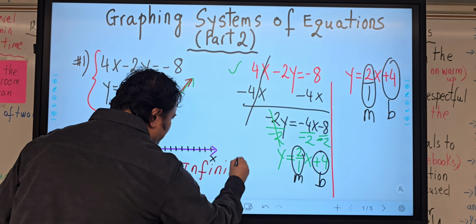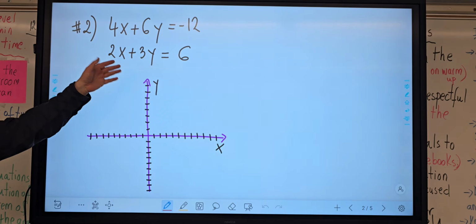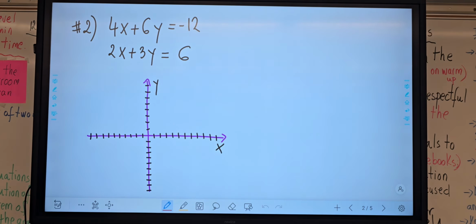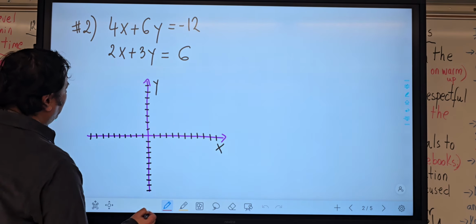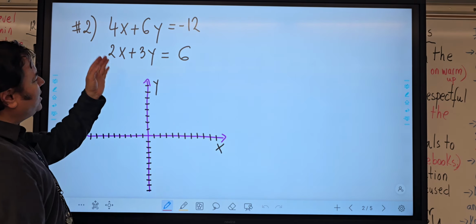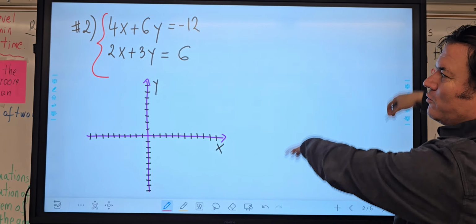Okay? Let's take a look at the second example now. In the second example, we have 4x plus 6y equals negative 12. And the second equation, we have 2x plus 3y equals 6. And the same thing, we can put this symbol for both equations. And now, let's rewrite both equations next to each other so we can solve for y.